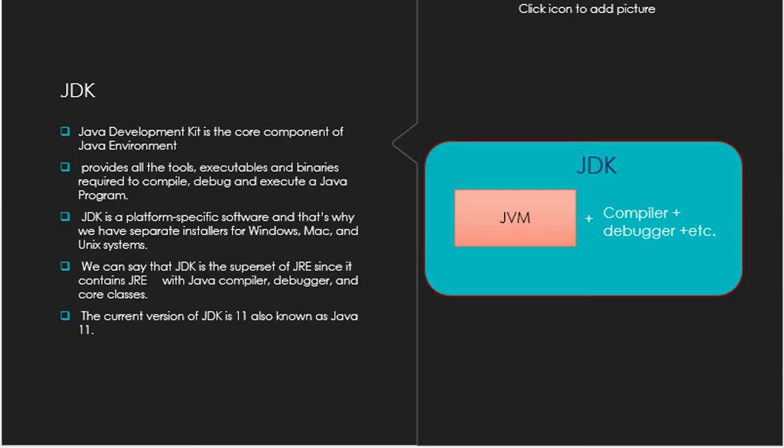Now next one is JDK, Java Development Kit. What is Java Development Kit? You can say that JDK is the superclass of JRE. Java Development Kit is the core component of the Java environment. It includes the JVM, all the components inside the JRE, as well as the compiler, debugger, interpreter, error checker, class loader, all those things.